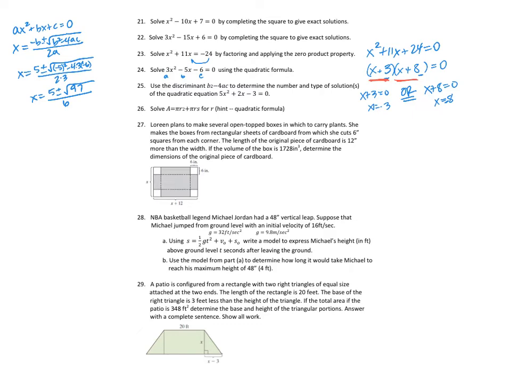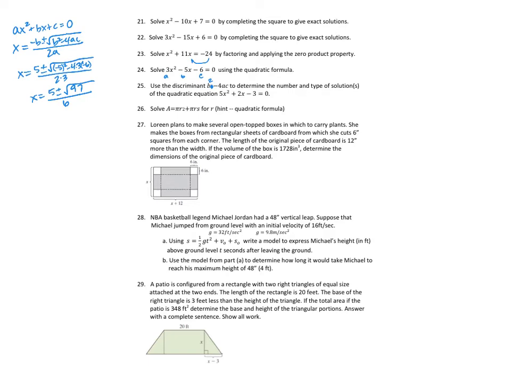On 25, it says to use the discriminant to determine the number and type of solutions. So I think this here should be b squared, not a subscript, b squared minus 4ac. And if I look at this, that b squared minus 4ac is the part underneath the square root in the quadratic formula.